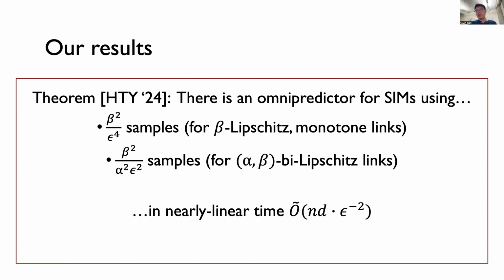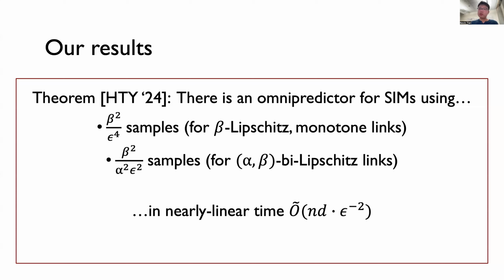Okay, so this begs the question, are there end-to-end sample efficient guarantees for learning SIMs, perhaps in weaker notions of learning than squared loss? And our main result answers this question affirmatively. It says that there's an omni-predictor for single index models using the definition I described earlier, which for beta-Lipschitz link functions uses beta squared over epsilon to the 4 samples to learn an epsilon omni-predictor.